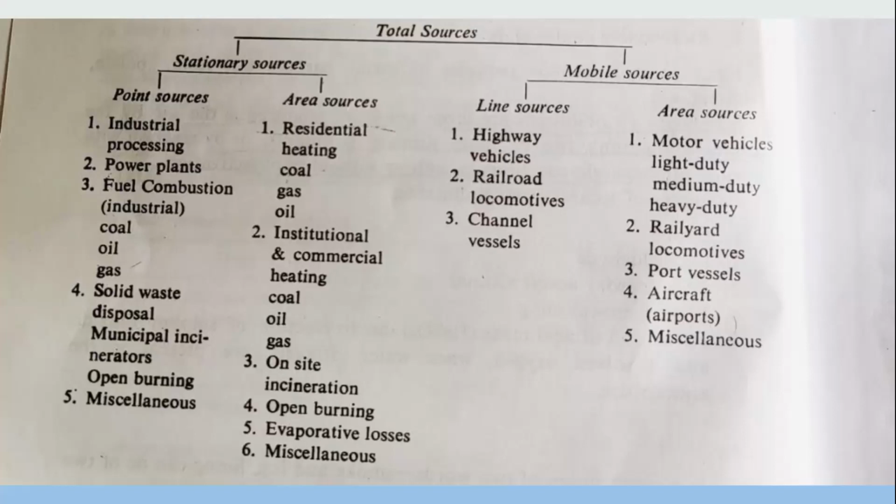Then mobile sources are also classified into two types, that is line sources and area sources. Line sources indicate that the pollutants from mobile sources are released along a line path. Examples of line sources are highway vehicles, railroad locomotives, and channel vessels.